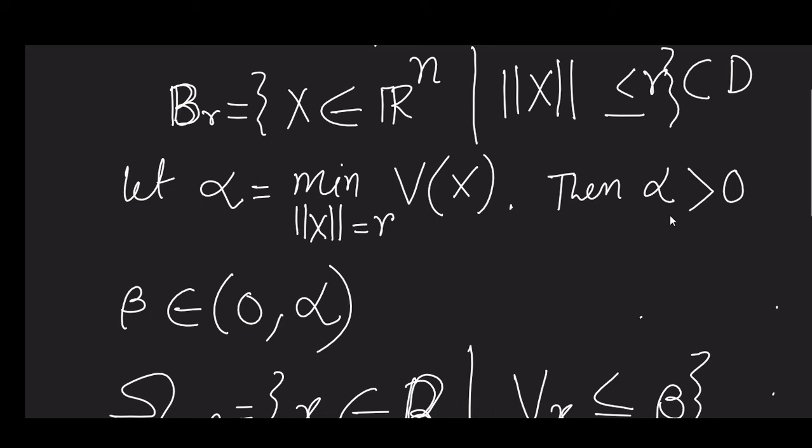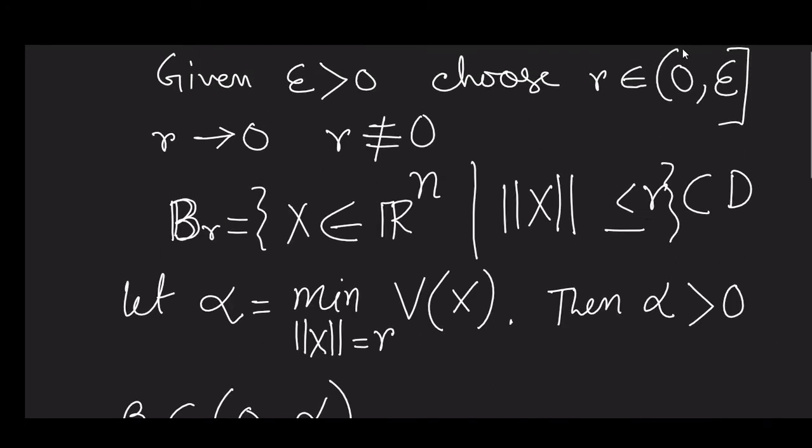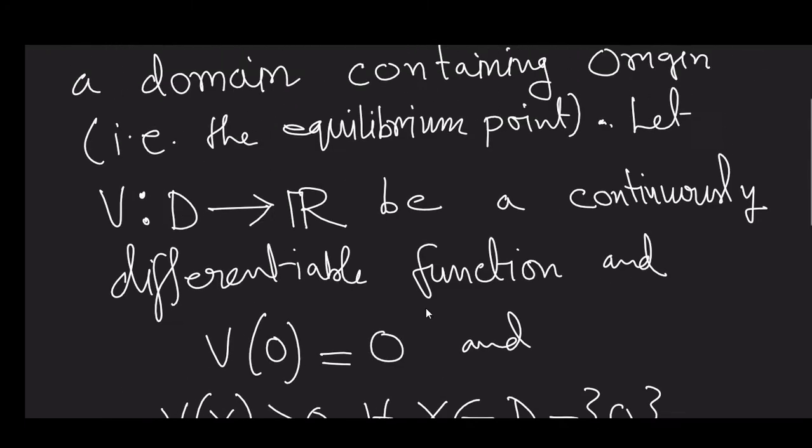What modification do we need to carry out? Think about it. You need to make this a closed interval. Had you included 0, if you allow R to be 0, then mod x will be 0. Then you can make alpha equal to 0 rather than alpha greater than 0, because even if it is a positive definite function, by virtue of its definition, if you go back, it is 0 at origin, right?